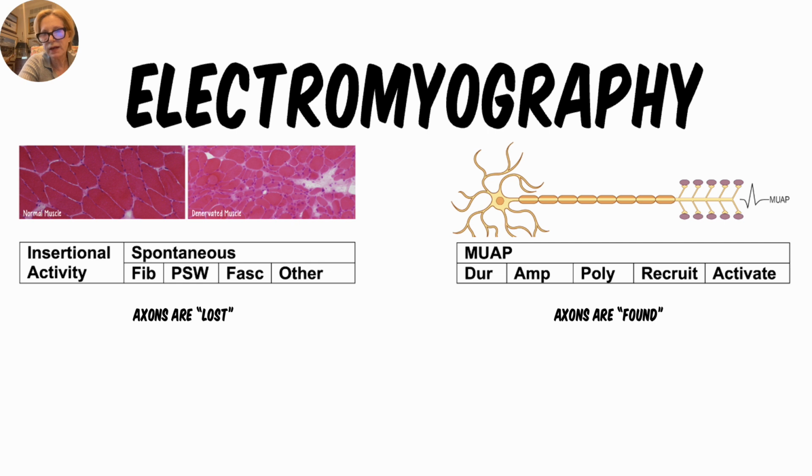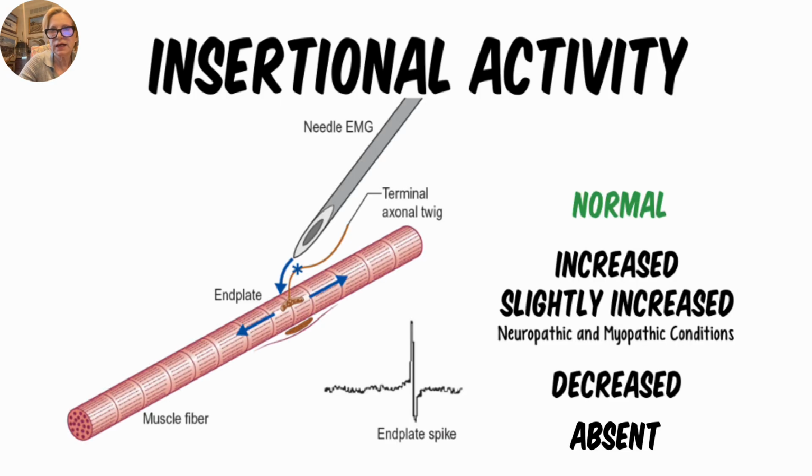On the right-hand side, the motor unit potentials are there. And if you've got some motor units, axons are back. So we'll talk about insertional activity now. Insertional activity is noted as normal, increased, slightly increased, decreased, and absent.